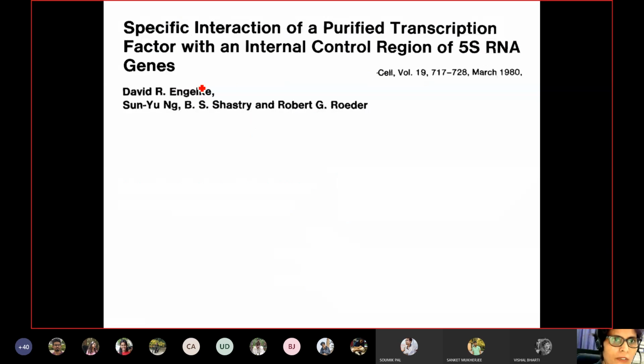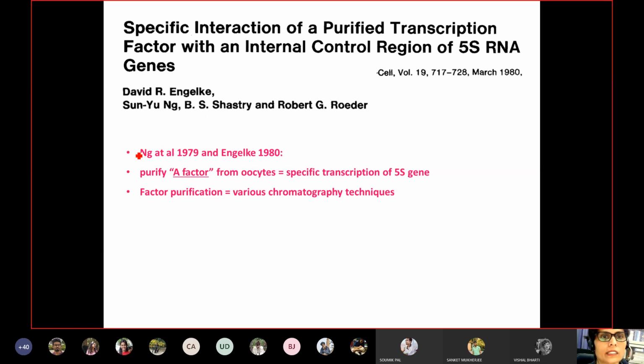So this is described very well in today's paper I have uploaded already. This paper by David Engelke et al. in 1980, what they showed exactly is that they were able to purify a protein, namely a factor, which they named as A factor from oocytes.